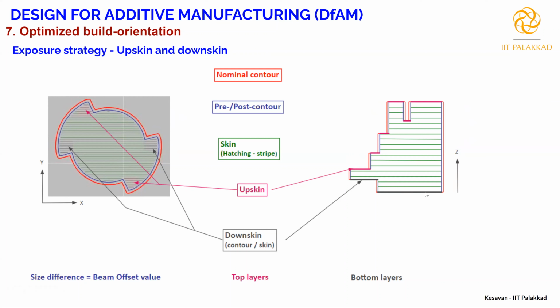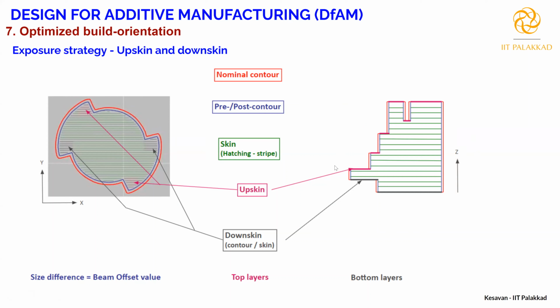When you are handling the upskin, you have to handle it with some contours. What it means is that you have to have contour scanning, such that the surface roughness can be minimized. These are all the parameters you can handle by using the lasers.